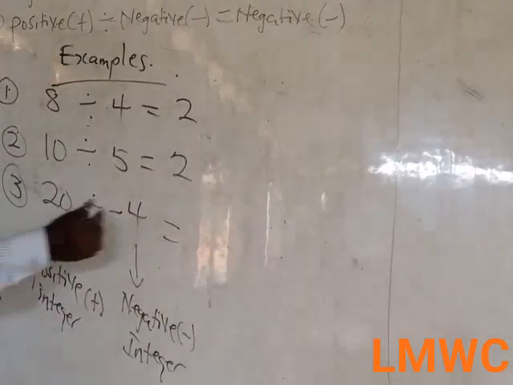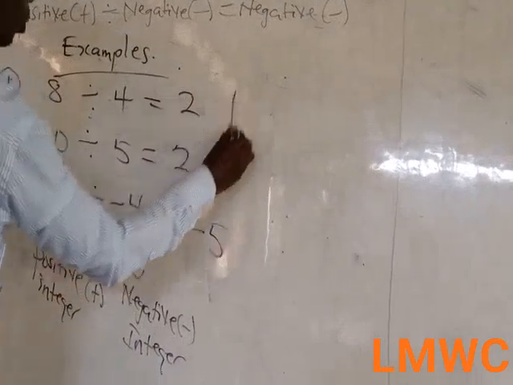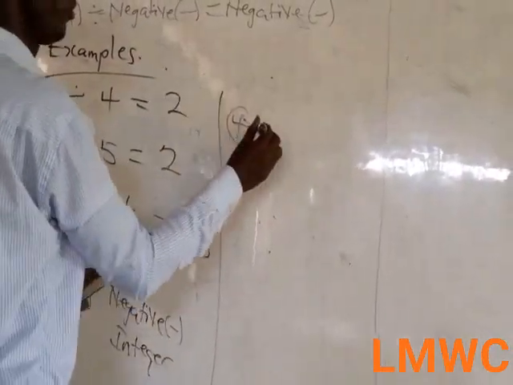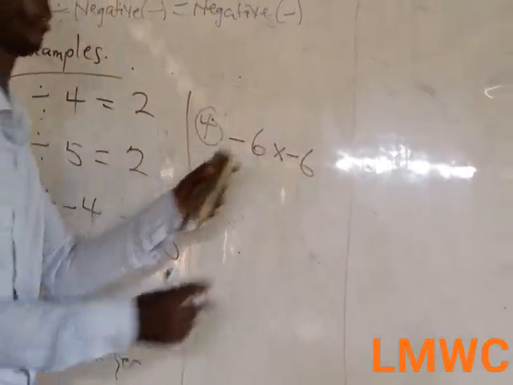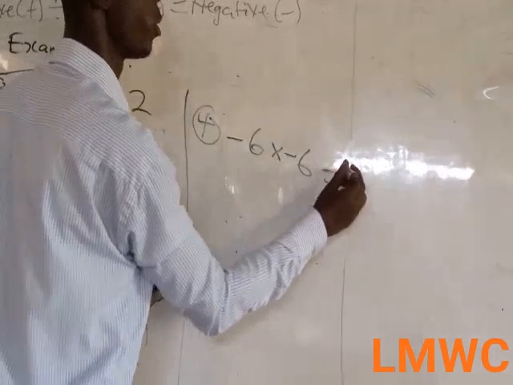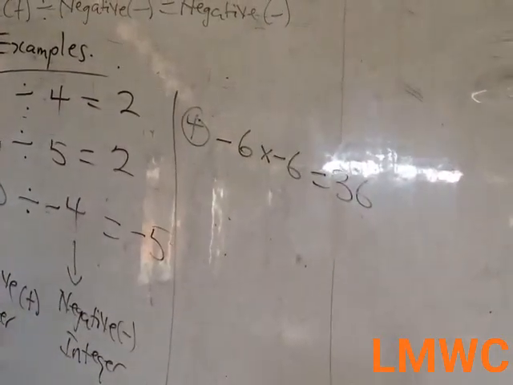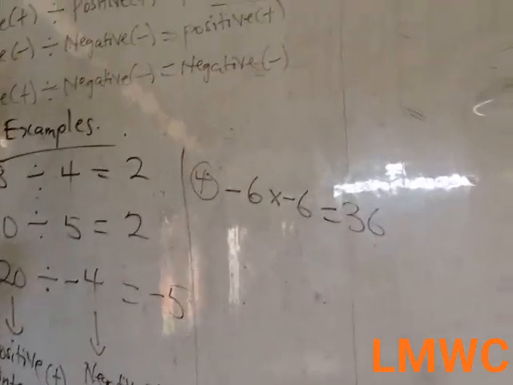So it becomes negative 5. The last example, Example 4: we have negative 6 times negative 6. And negative times negative, you will get what? Positive integer. So we are having 36. So this is the end of the operations.